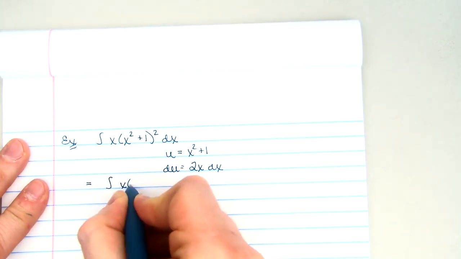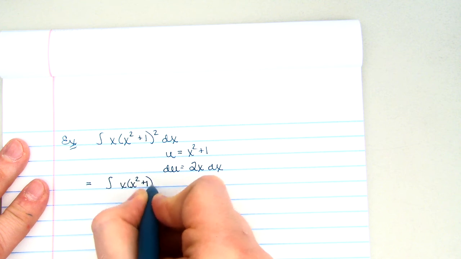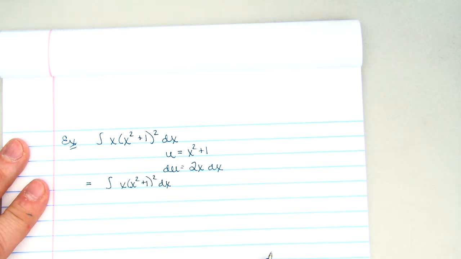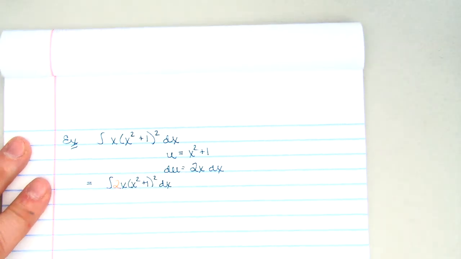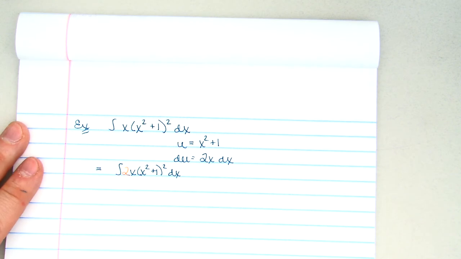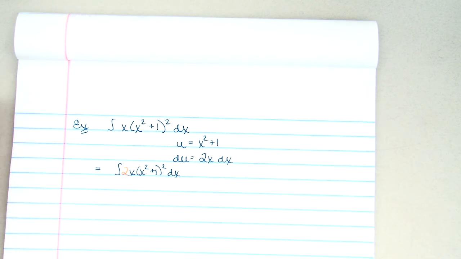I've got the integral of x times x squared plus 1 squared dx. I don't want an x inside there. I really want a 2x inside there. So I'm just going to put a 2 inside there. Can I do that? Well, yes, only if you also do what?